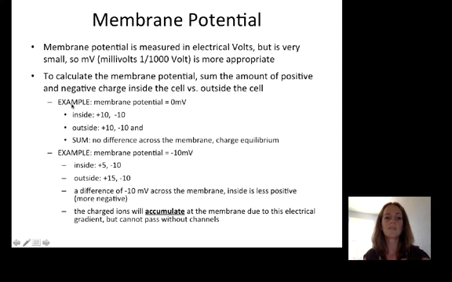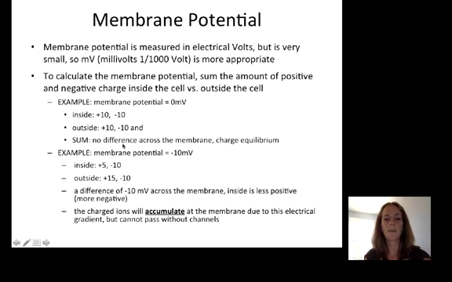So here's a very simple example. If the membrane potential is 0 millivolts, that means that the inside and the outside have the exact same number of positive ions. They would add up to +10 on both sides, and the exact same number of negative ions, -10 on both sides.